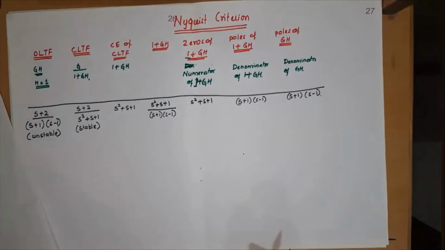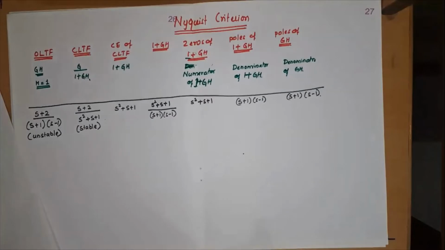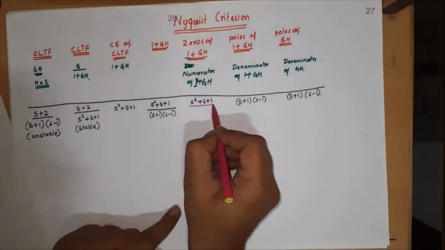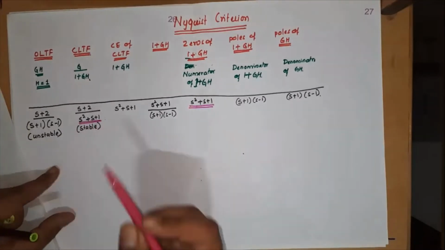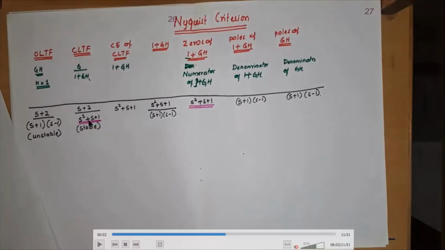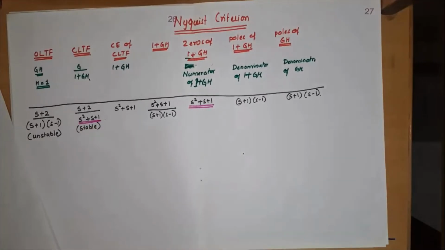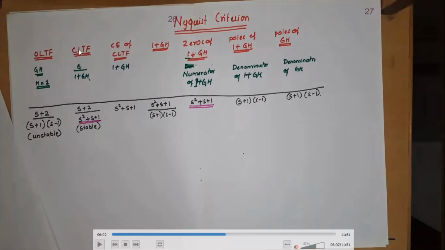These are little confusing terminologies, and you'll get familiar once we solve some numericals later. This is essential before proceeding to the Nyquist criterion. Highlighting the similar parts, zeros of 1 plus GH are nothing but the characteristic roots, or the characteristic equation, of the closed loop transfer function.